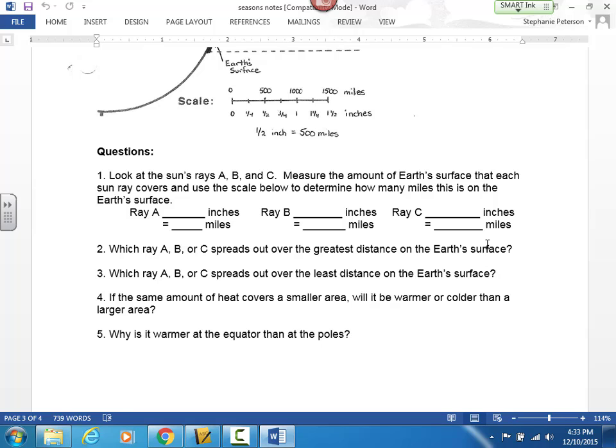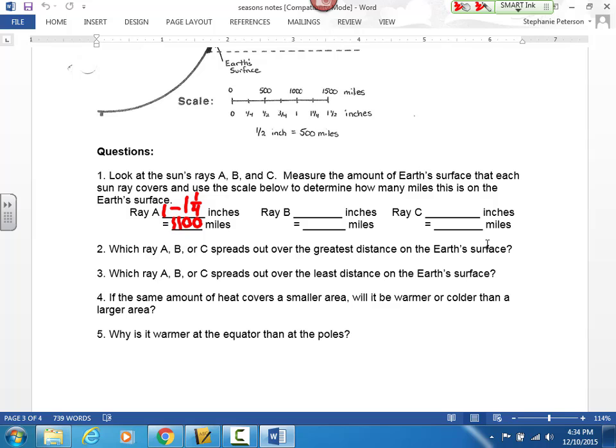Okay, now that you've done your measuring, you should have found that ray A covers somewhere between 1 and 1 1/4 inches. That would translate to approximately 1,100 miles, give or take a little bit. Again, we're measuring a curved surface with a straight ruler.